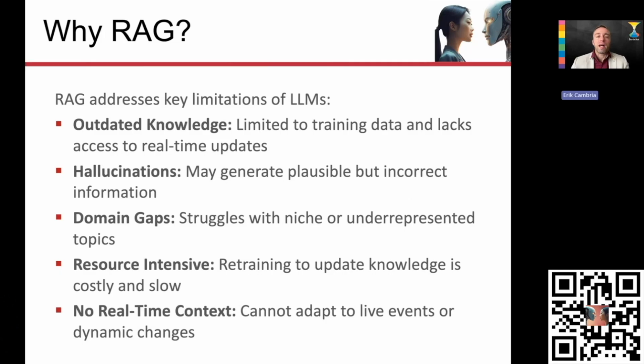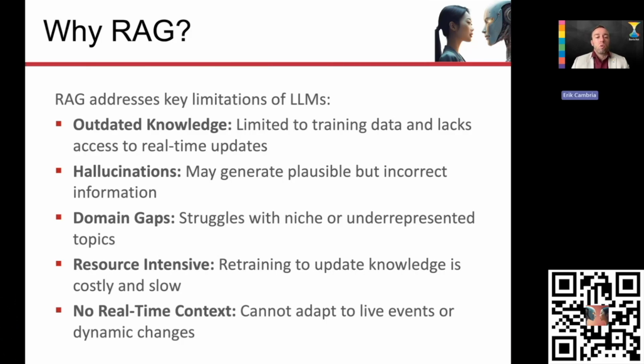And this really addresses the key limitation of large language models, right? Because large language models are extremely powerful and able to answer most questions about general knowledge, but they are only as good as the training data that has been used to train them, right? And we don't have the luxury, as we discussed in the previous course, to keep retraining a large language model.